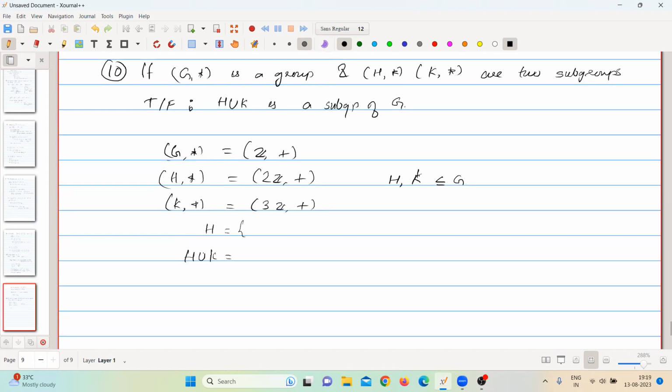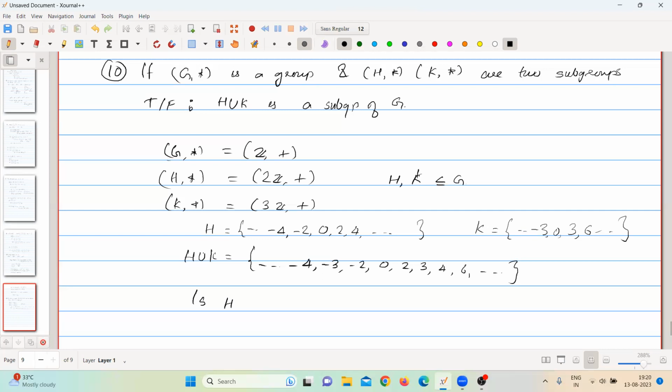H I have -4, -2, 0, 2, 4, etc. And K is -3, 0, 3, 6, etc. So H union K will contain all the multiples of 2 and of 3. For example, I can write it as -4, -3, -2, 0, 2, 3, 4, 6, etc. Clear? So this is our H union K.